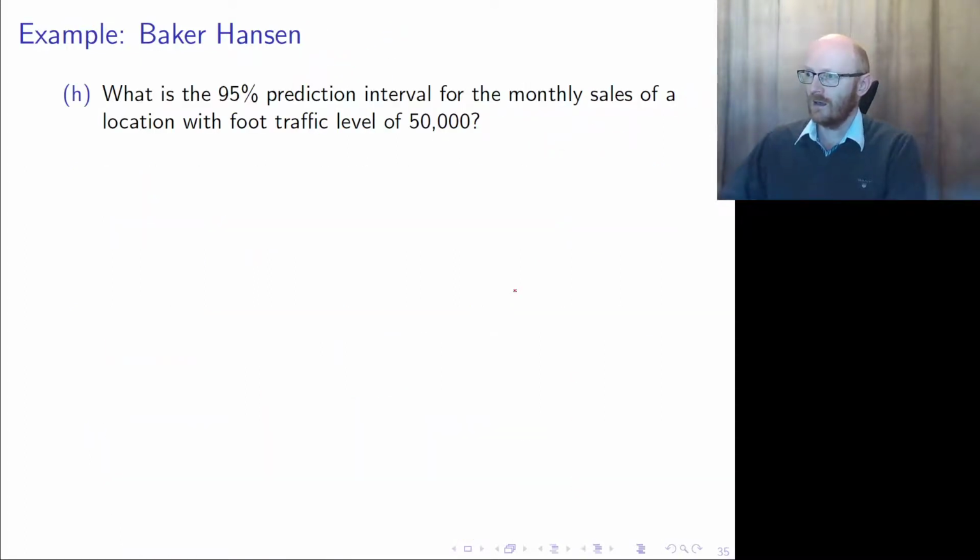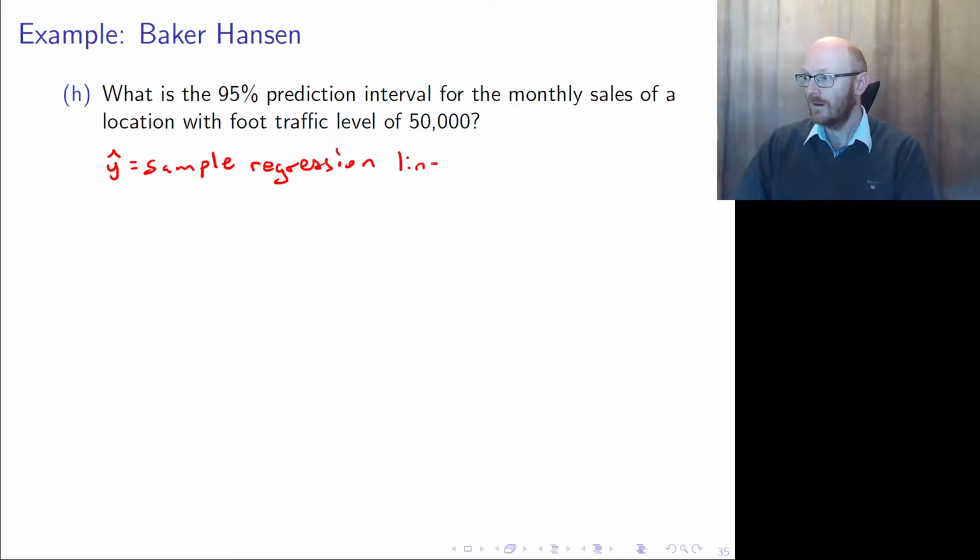So we can look at one example, and that's Bucket Hansen. What is the 95% prediction interval for the monthly sales of a location with foot traffic level of 50,000? From the regression line, y hat equals the sample regression line, that would be your point estimate. So what is y hat in this case?